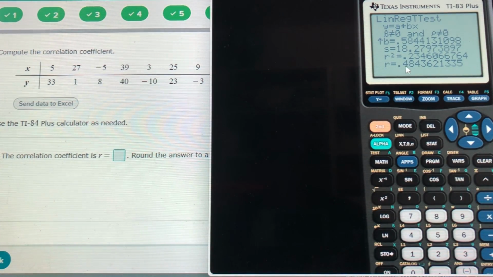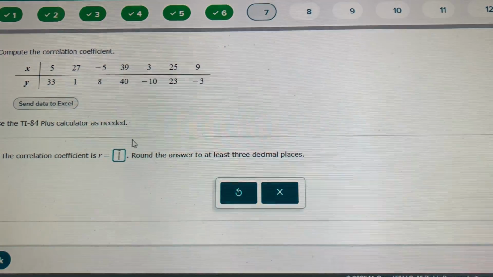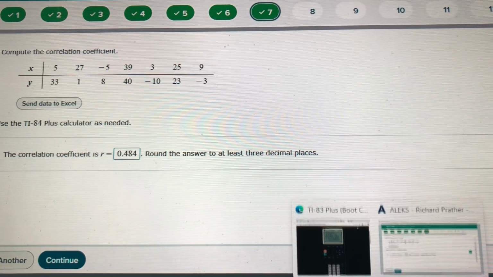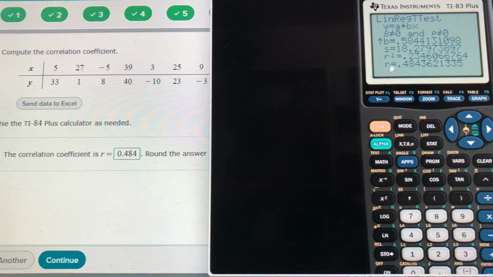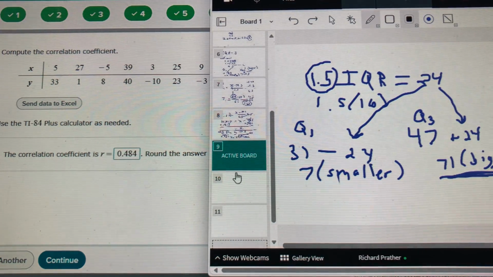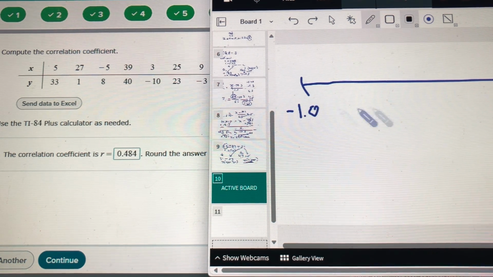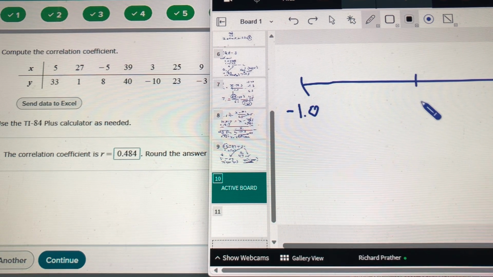So 0.484, and then there's a 3 after that, so 0.484. Correlation tells you how strongly 2 variables are related to each other, and it always ranges between -1 and +1. And then halfway in between, 0.